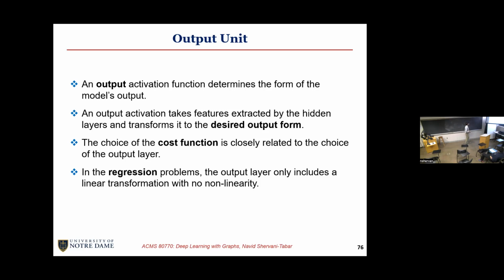We touched upon this a little bit before, but for a regression problem, we usually don't implement any nonlinearities. Why? Because these nonlinearities can restrict the flexibility of our model. Let's say that I have ReLU, which gives a value between 0 and plus infinity. You can't have anything negative. Now, say you want to solve a regression problem where your output is negative.